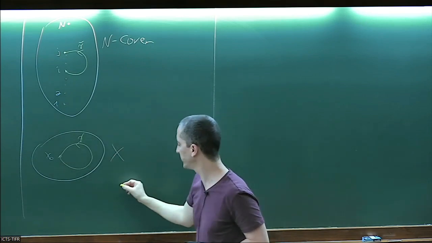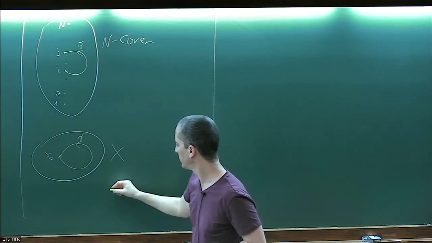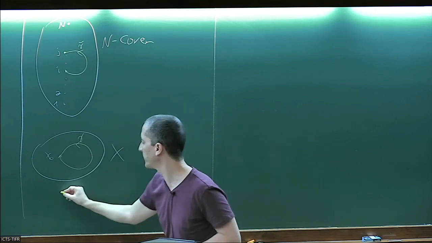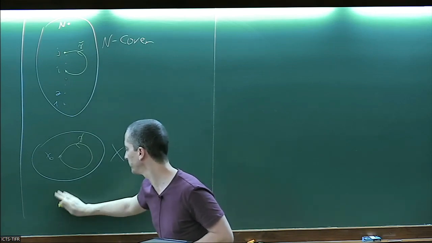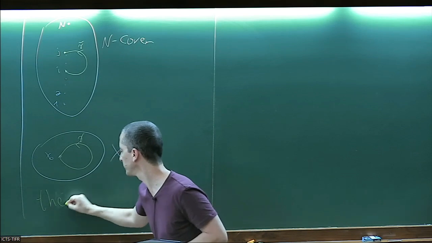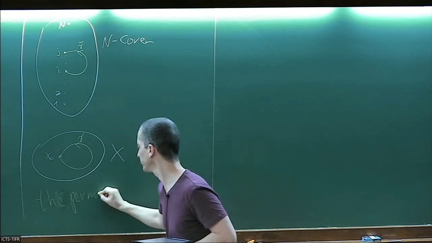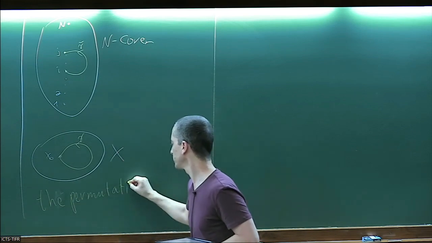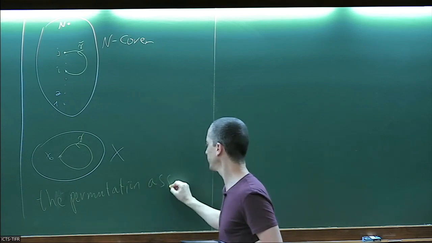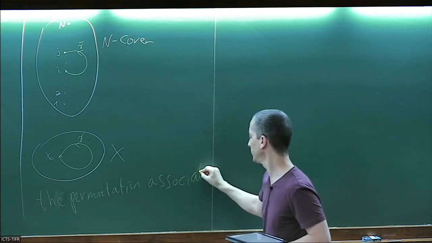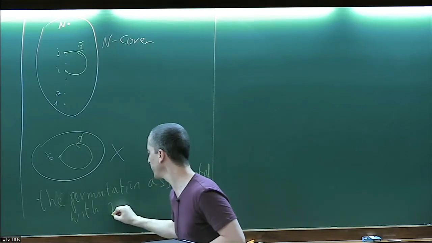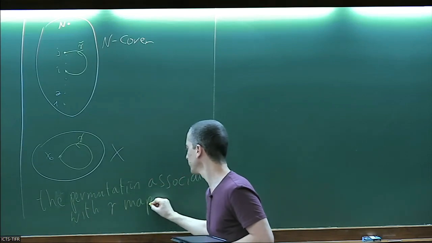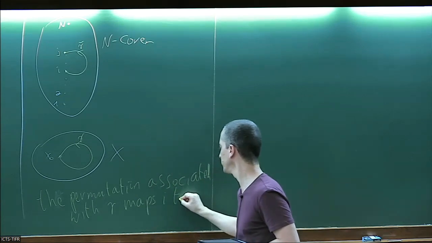So in this case, the permutation associated with gamma maps i to j.